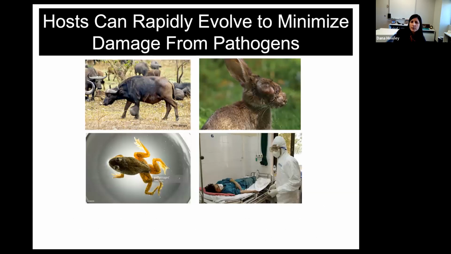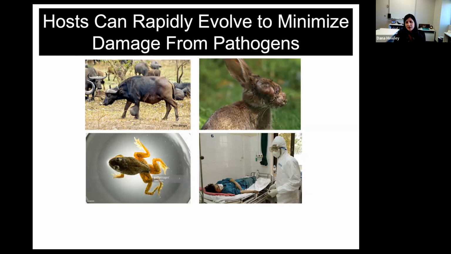So the takeaway from this work is that hosts can really rapidly evolve to minimize damage from pathogens. We know that hosts can rapidly evolve in the face of infectious disease, but this rabbit system, the hallmark of rapid host evolution, was perhaps not really representative of a natural system, given that we had this highly virulent strain that was introduced and killed off 99% of the rabbits.